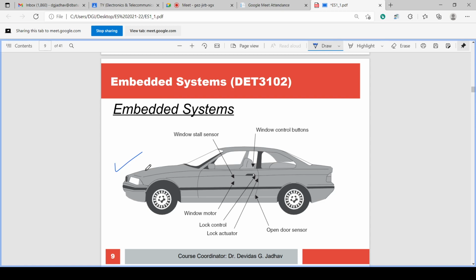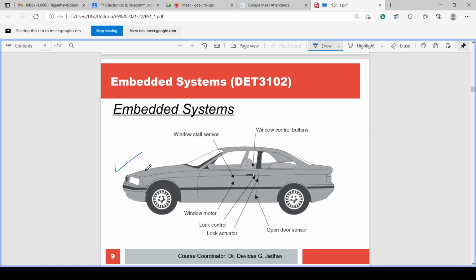If you are having the key in your pocket and you come close to the car, the open door sensor will sense that the person which is having the remote of this car is near, within 1 feet. Then automatically it opens the door. So open door sensor is there. Then this is one example for window and door controls.